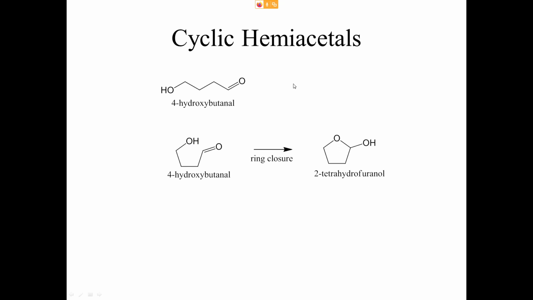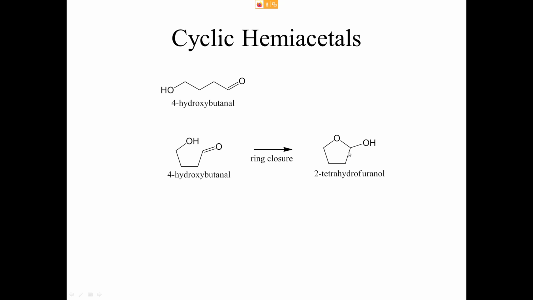Can I confirm that this is actually a hemiacetal? What was my requirement for a hemiacetal? I needed a single carbon that had both an OH and an OR on it. So here it is. It's got an OH on it and an OR. R is anything other than hydrogen, so carbon generally. So OH and OR. Yes, both of those exist on this. This is a hemiacetal. Does it have a ring that involves this carbon?